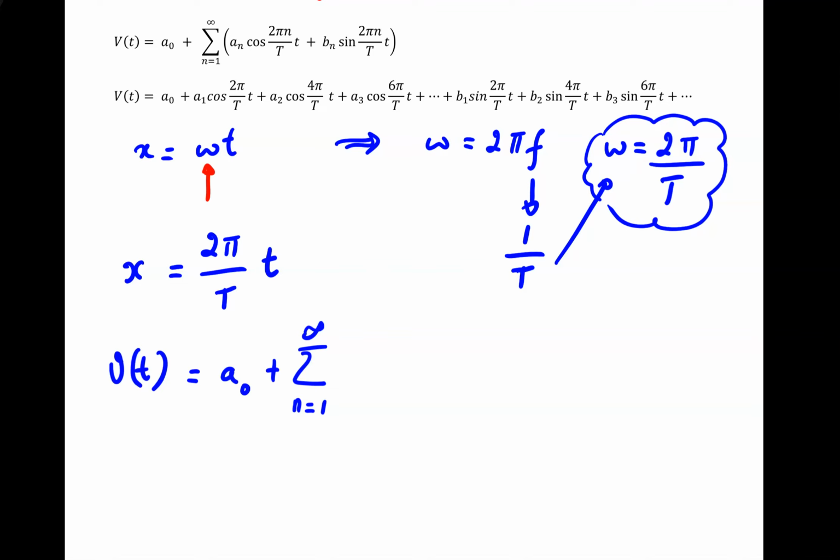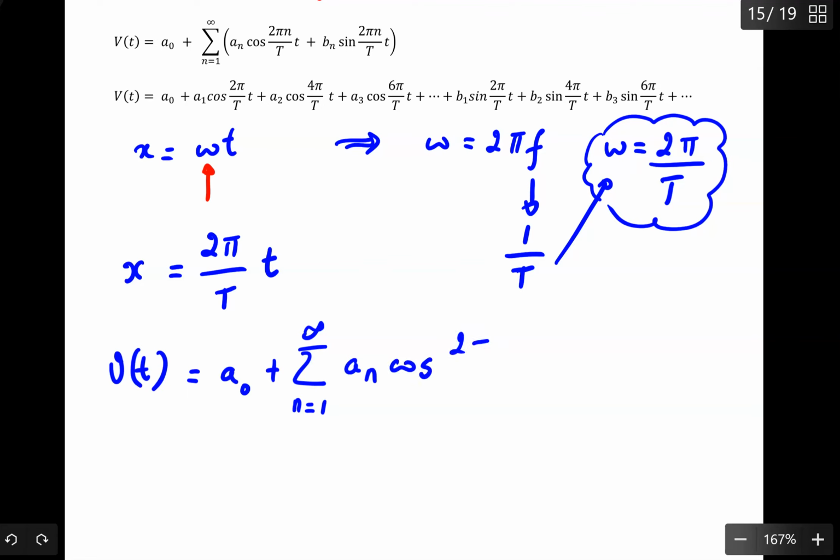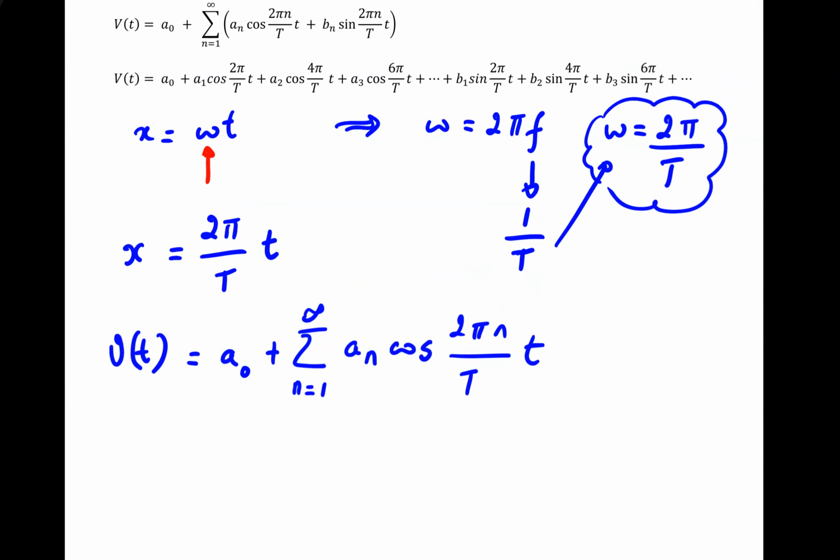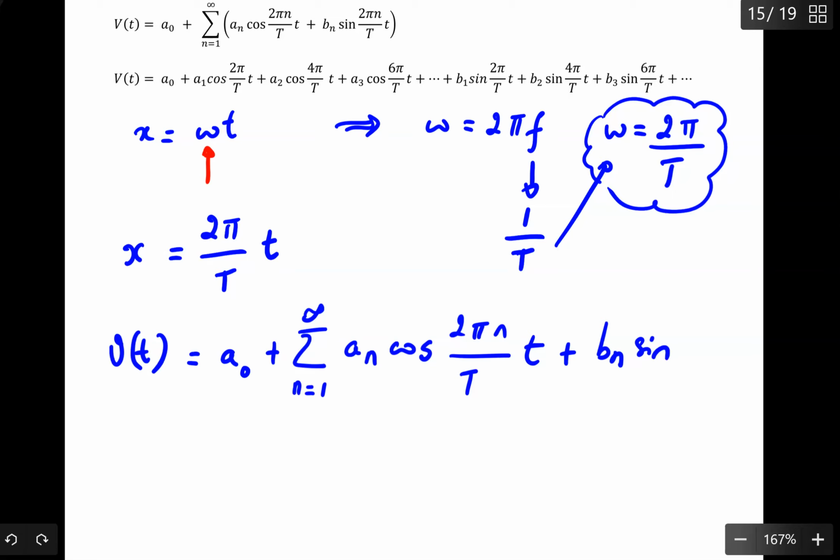I will work with an times cos of 2 pi n over T times t. That is the original equation that we have for this. And then we have bn, the coefficient b for the Fourier series.